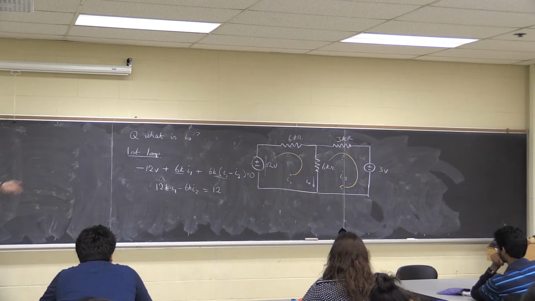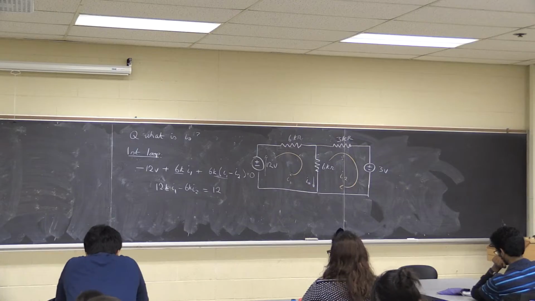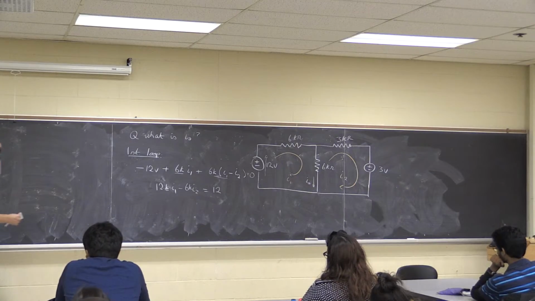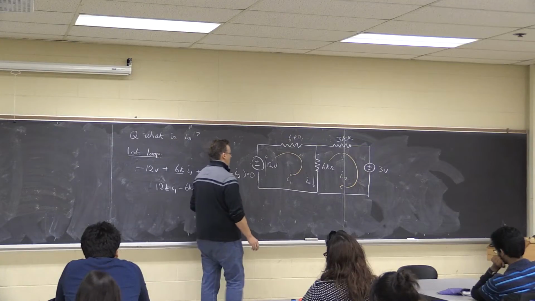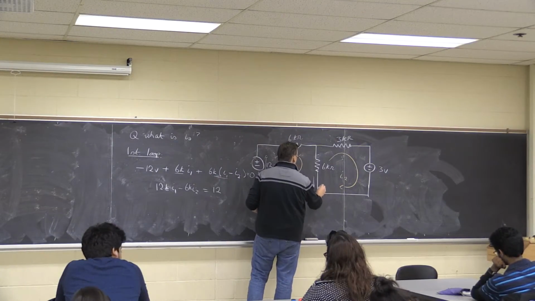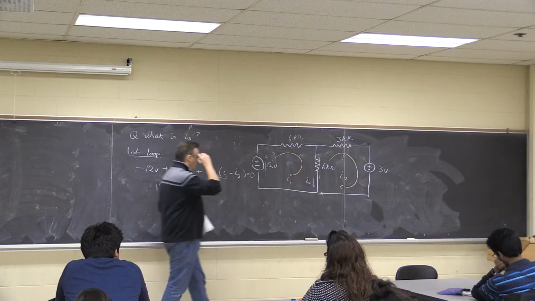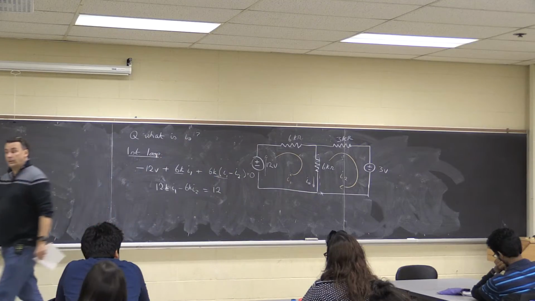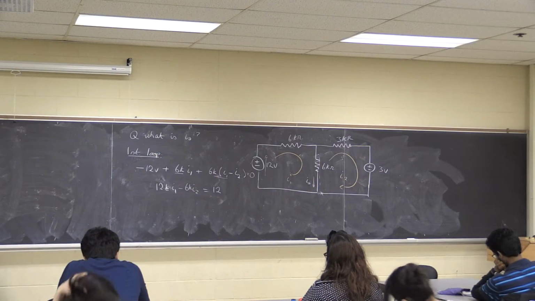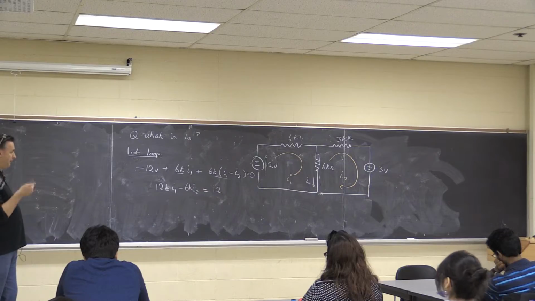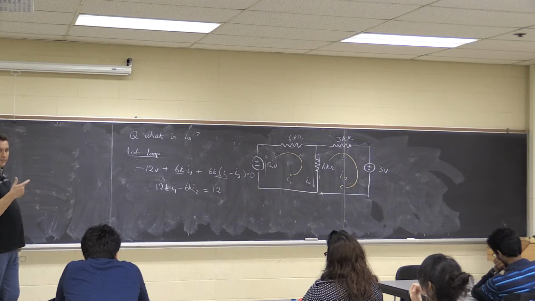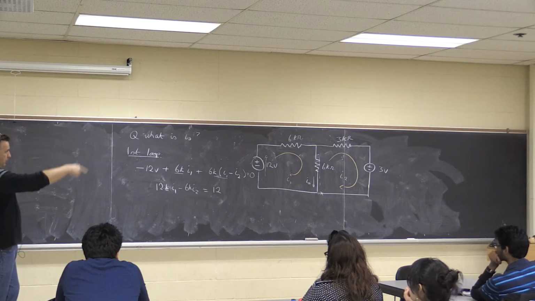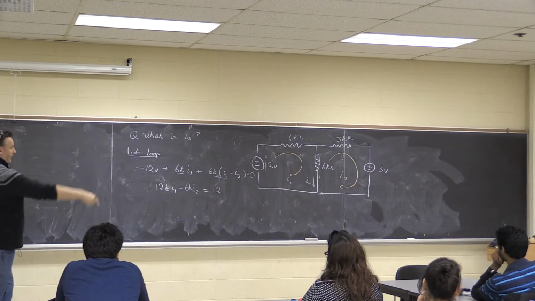Now, if I look at the second loop, can I do the same again? Well, let's start at this bit. As I go through this first resistor, I could work out the voltage change. Well, I'm going clockwise. I'm going to walk from the bottom up, along, and down.